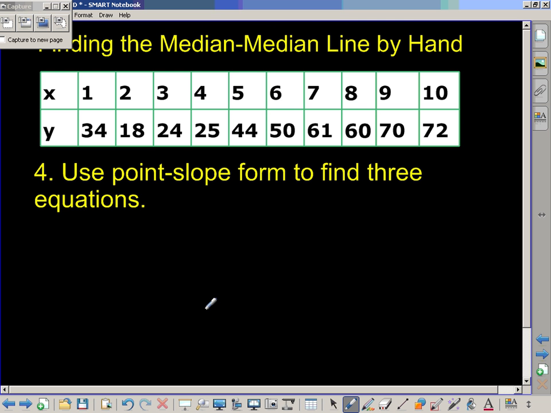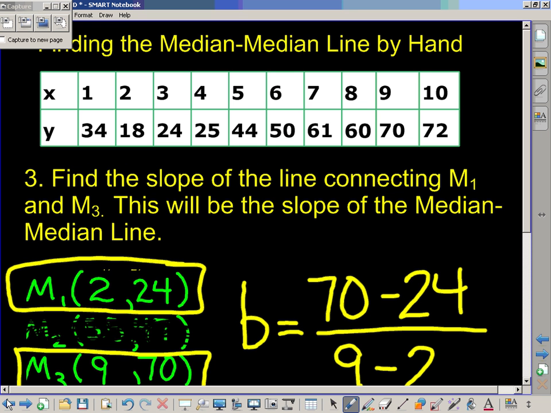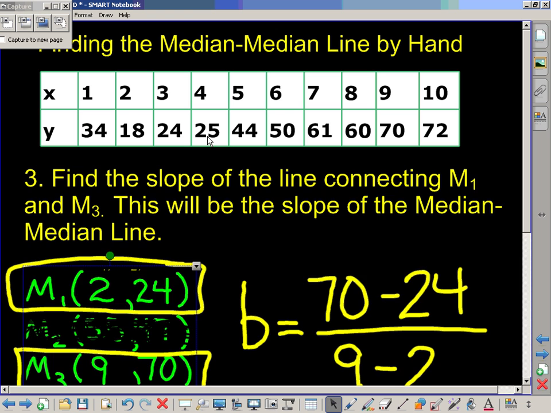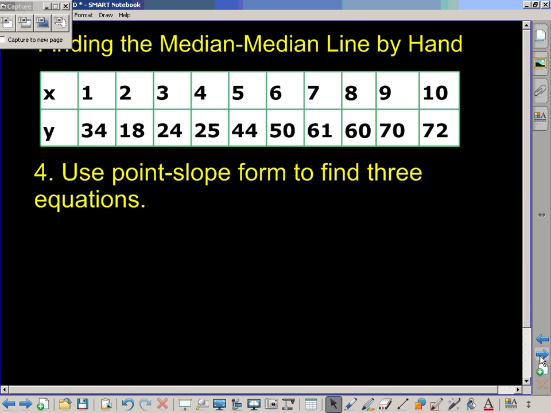For step 4, use point-slope form to find 3 different equations. What I'm going to do at this time is import those 3 points again. Let's just copy them, come back over to the next page, and paste them in there.